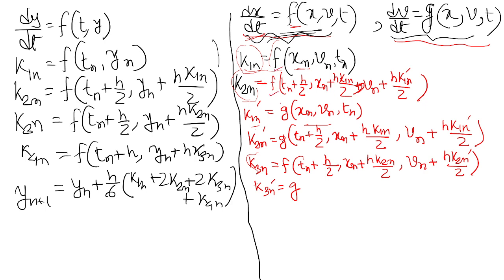And whenever we are writing the formulas for the prime ones, like k1 prime, k2 prime, we are deriving them from the second equation, and the general function there is g. So it will be g of tn plus h by 2, xn plus h k2n by 2, vn plus h k2n prime by 2.